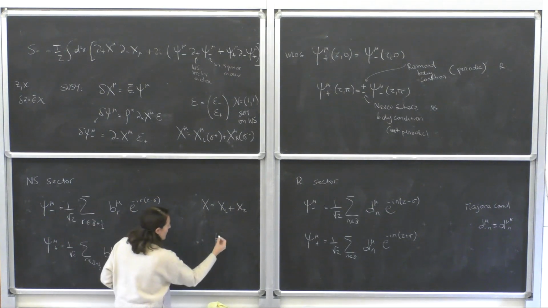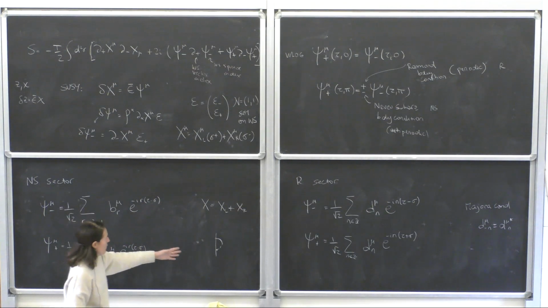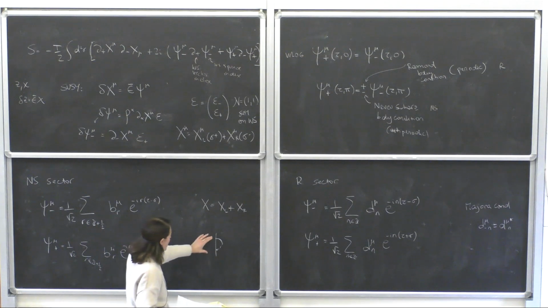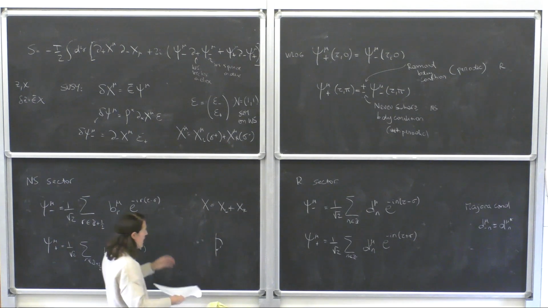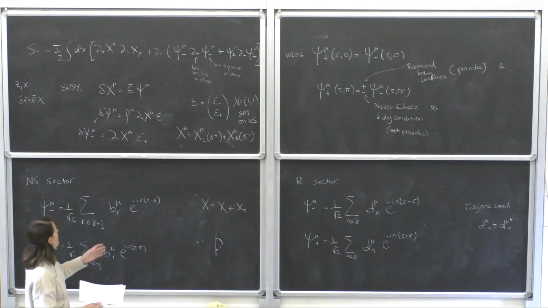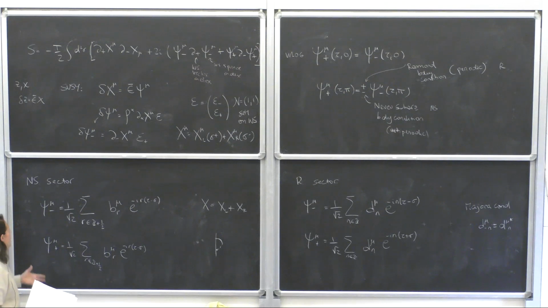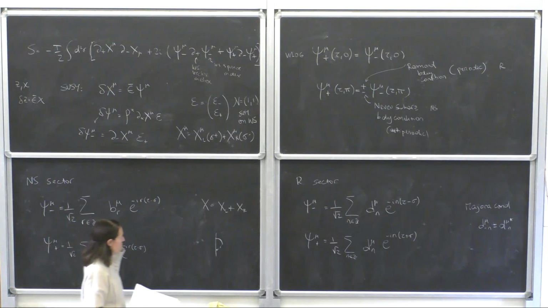And this could be, so let me go on and construct the spectrum, but this could be a string that is excited either with the alphas or the b's or both. And again, you shouldn't think of this psi as embedding. I mean, the way we're thinking is there's no superspace.